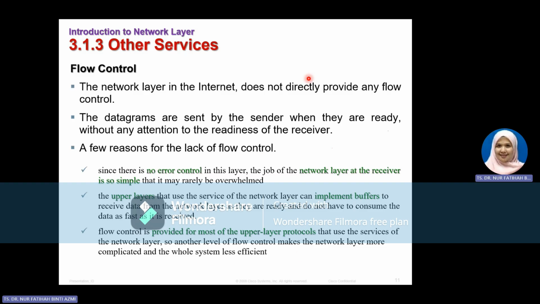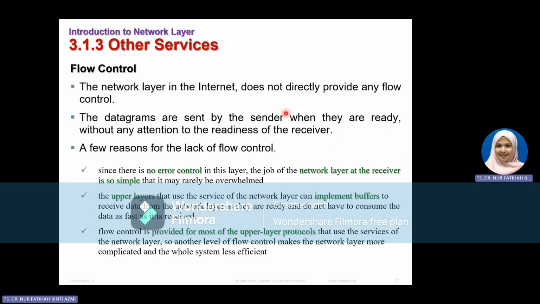So unlike the transport layer, the network layer does not handle flow control. The network layer does not directly provide any flow control. The packets or datagrams are sent as soon as they are ready, without any attention to the readiness of the receiver.